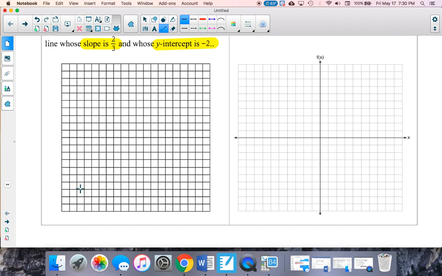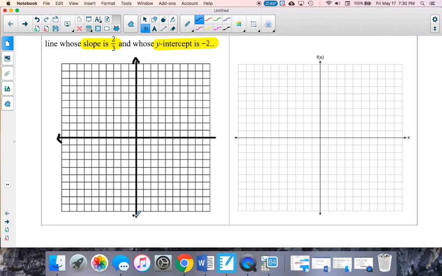This is a 20 by 20 grid, so I want to split it up right in the middle at 10. 1, 2, 3, 4, 5, 6, 7, 8, 9, 10. And then going down, 1, 2, 3, 4, 5, 6, 7, 8, 9, 10. And let's draw our arrows for our axes.